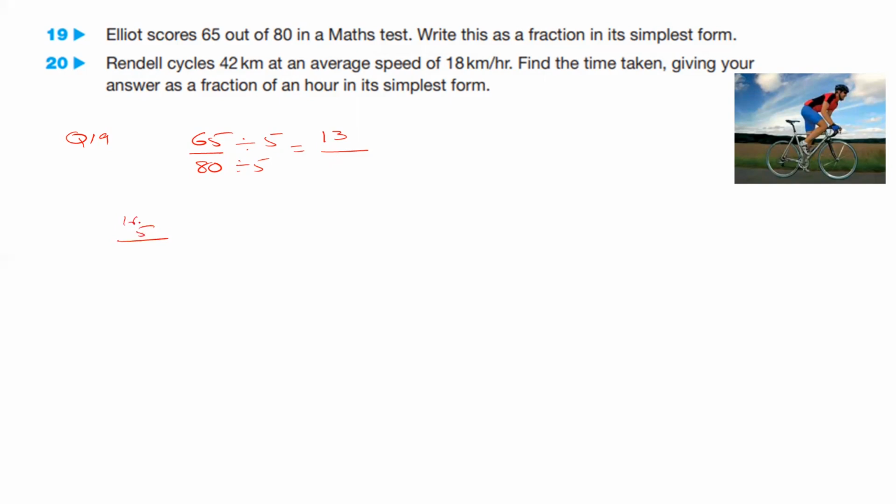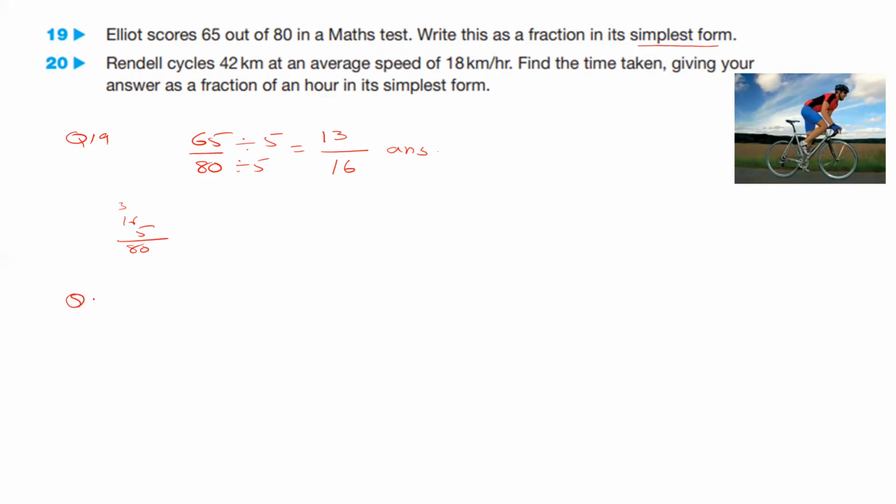So this one is 16. We cannot divide 13 and 16 both by the same number. So this is our simplest form and this becomes our answer.